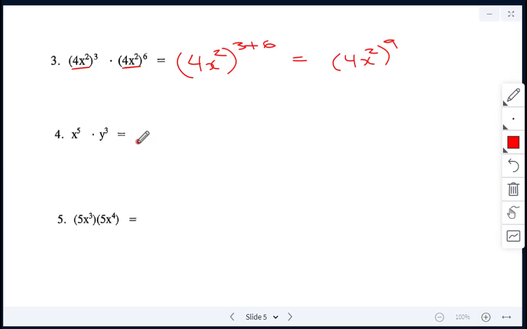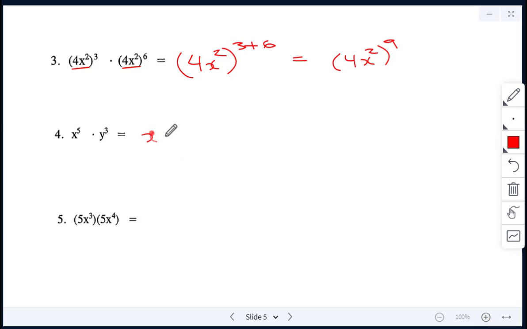Okay, so our next example here, we have x to the power of 5 multiplied by y to the power of 3. All right, so again, make sure you've checked your bases. They do have to be the same. Here our base is x and then our base is y. So we cannot do anything further.